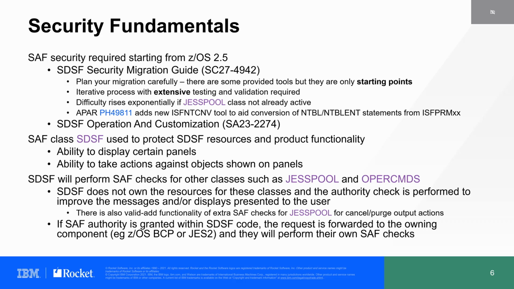Now, we did realize that there are some limitations with the old ISFACR tool. It's a bit cumbersome. It was written a long time ago, so it wasn't really expecting the sort of size of security environments that some customers have. So we've recently closed an APAR, PH49811, that's added this tiny little aid called ISFNTCNV, which aids conversions if you use ntables, NTBL, NTBLENT statements in ISFPRM to declare groups of jobs or user IDs.